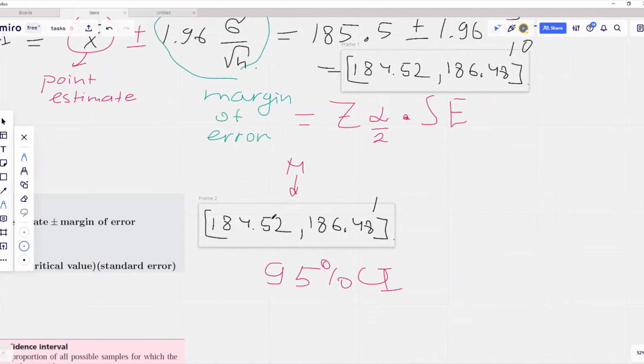In this case, endpoints of our interval are fixed. The value of true population mean is also some fixed value. It exists, it's just that we do not know it. So there is no randomness involved at all here. True population mean will lie in our interval or it will not.